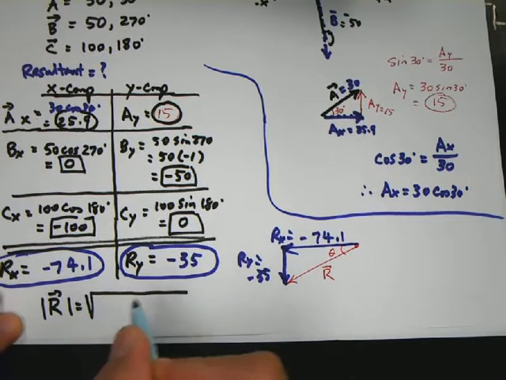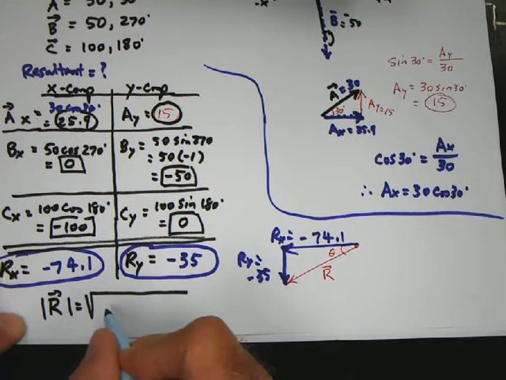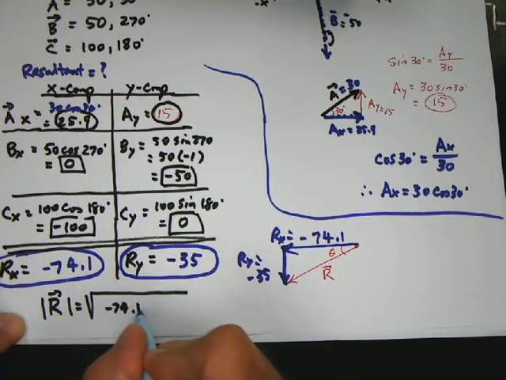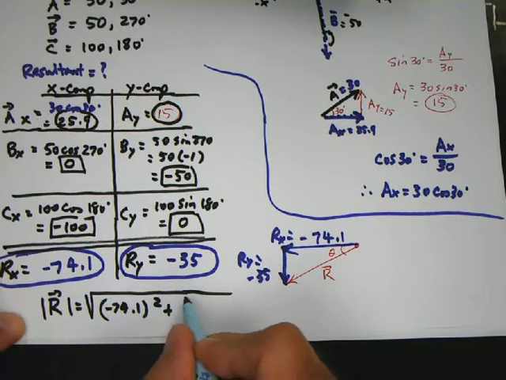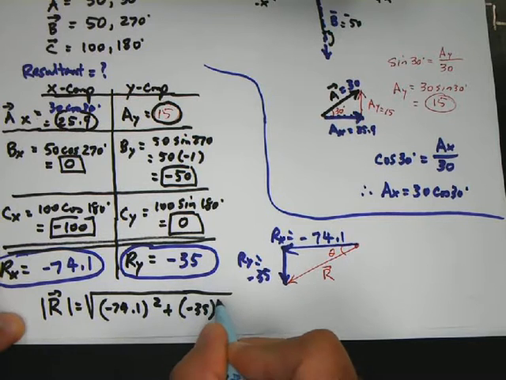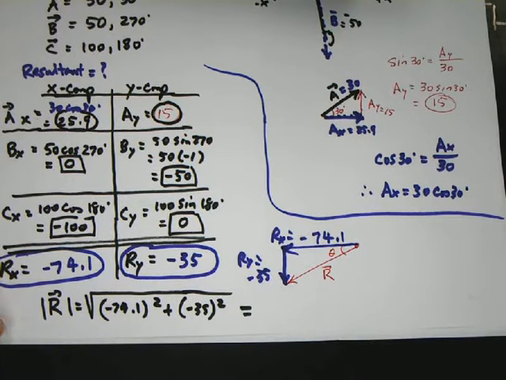In this case, we can find the magnitude r, the vector resultant, is equal to the square root of our x component squared. So that'd be -74.1 squared plus -35 quantity squared. I didn't really need to put the negative signs in there, but I did just so you could see.